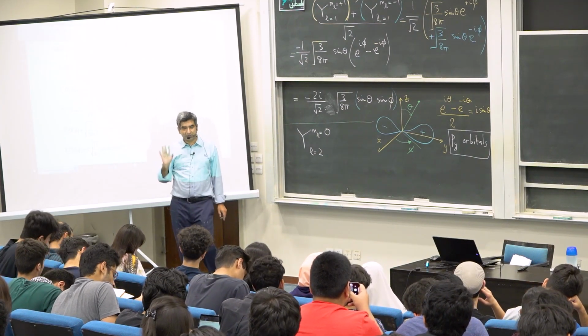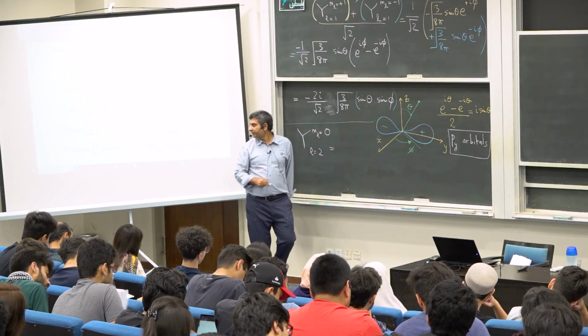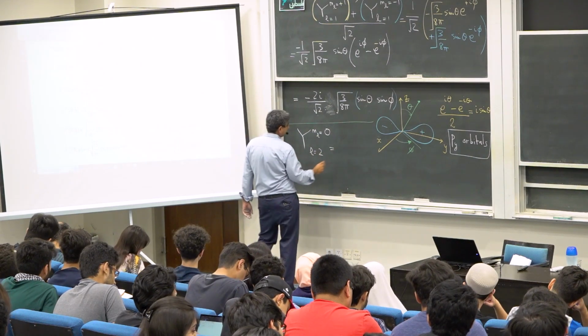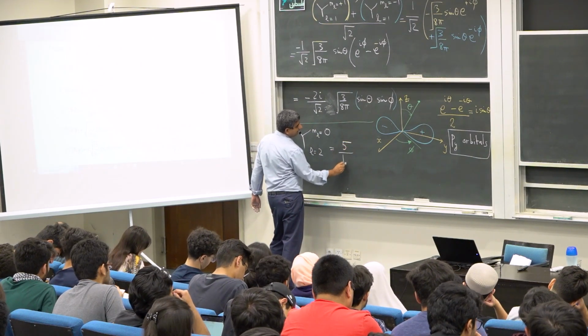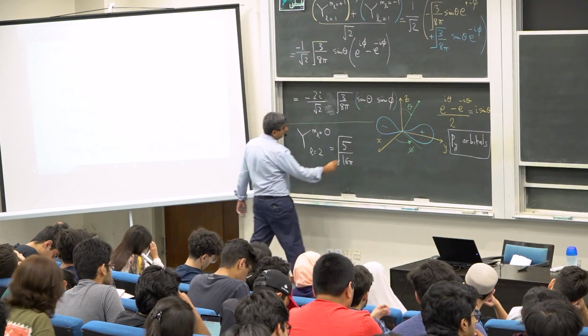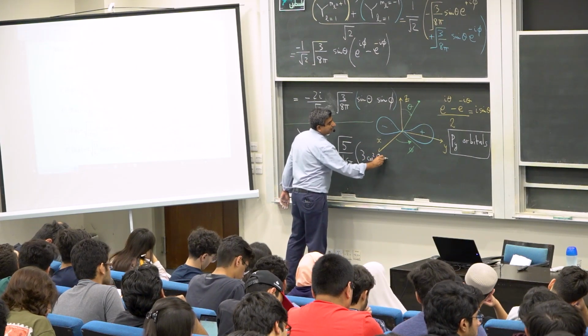I'm not plotting those orbitals, I'm just plotting this orbital. So the form for this orbital is 5 over 16 pi square root, 3 cosine square theta minus 1.